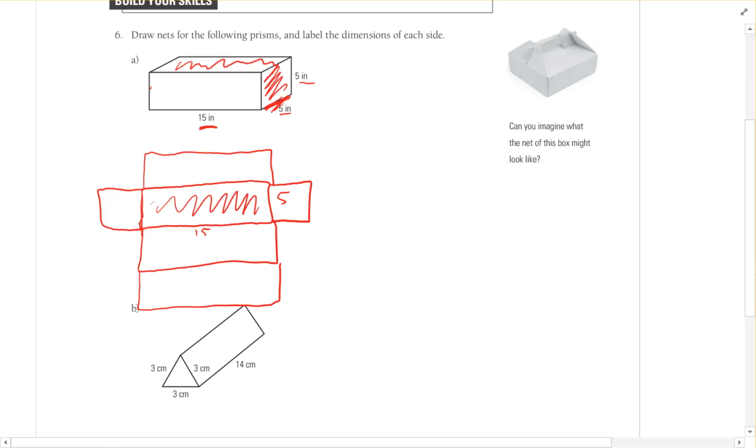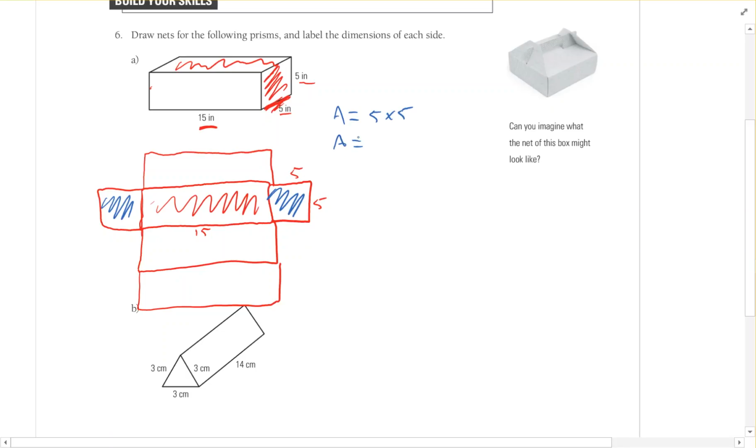Okay, so now that you've got it set up like that, the ends of this box are 5 by 5, right? So now I just need to figure out the area of all these things. If I figure out the area of the two ends first, they had an area of 5 times 5, right?